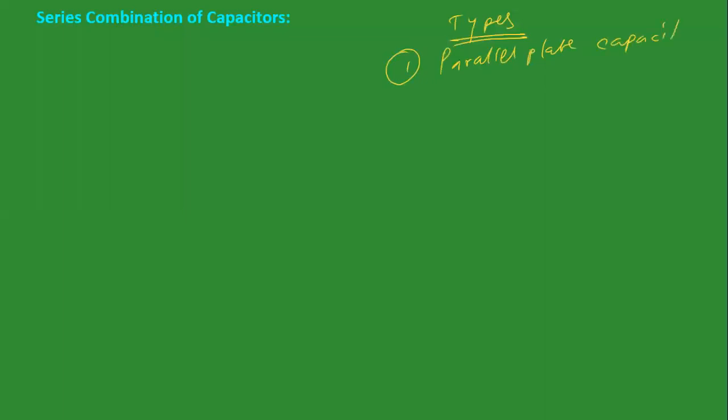In it, two plates are there, plate A and plate B. Plate A is a positively charged plate. When uncharged plate B is brought closer to A, negative charges are produced on the inner portion of B and positive charges are grounded. This is a parallel plate capacitor.